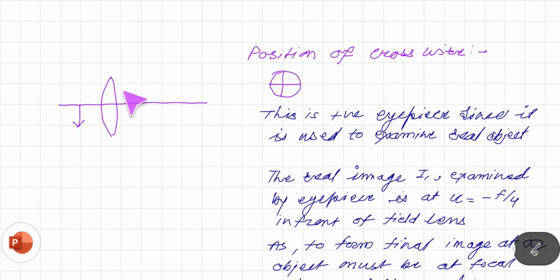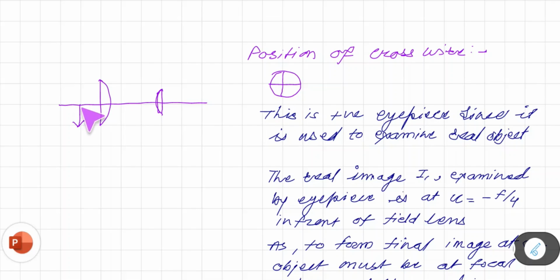This is the field lens and another one is the eye lens. So the final magnification which we get at infinity is due to both the lenses, and the image object is real.